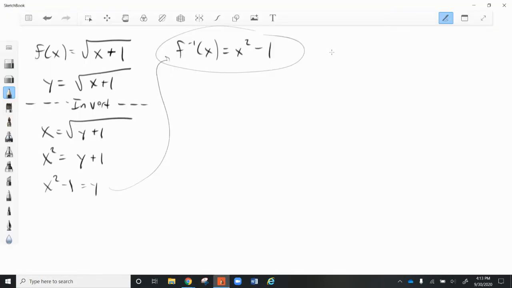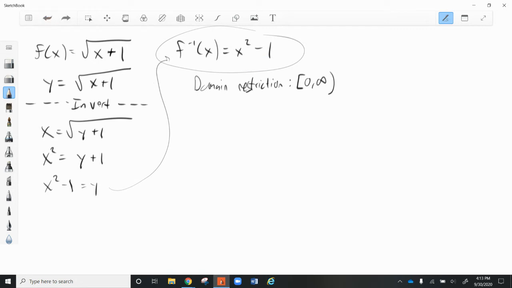So really, our answer over here should have a domain restriction of specifically 0 to infinity, just the non-negative numbers, to make sure that it is a true inverse of this graph over here.